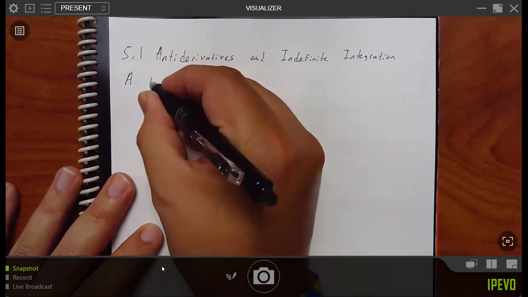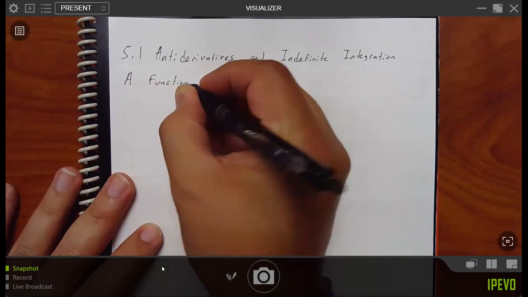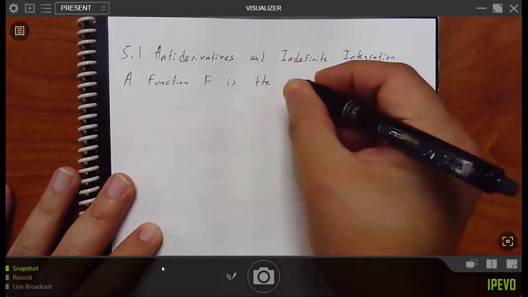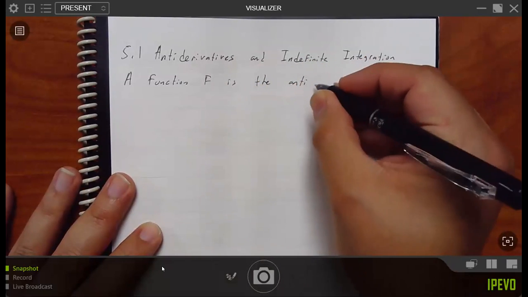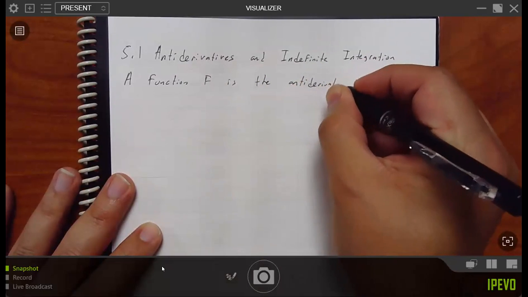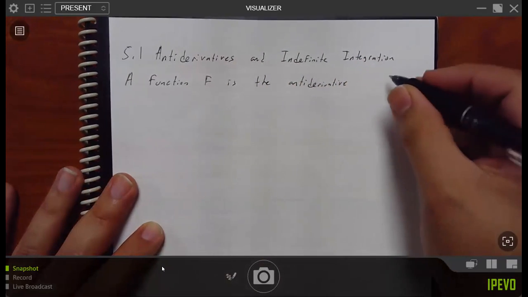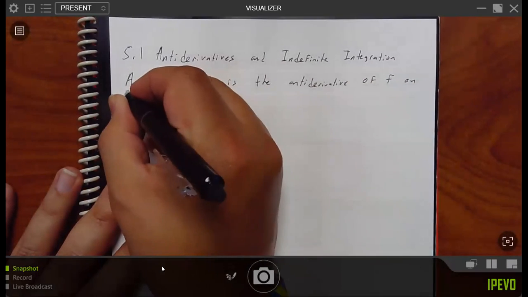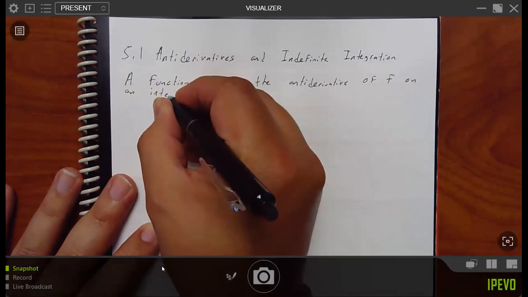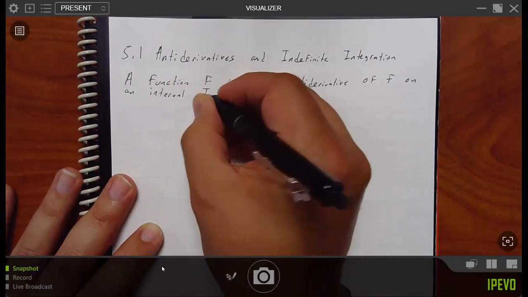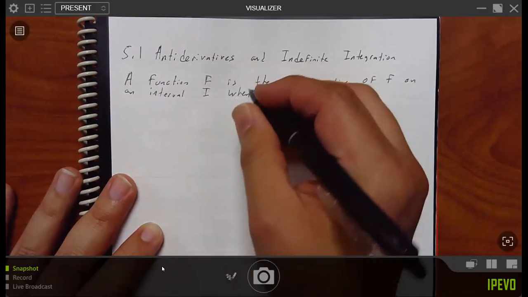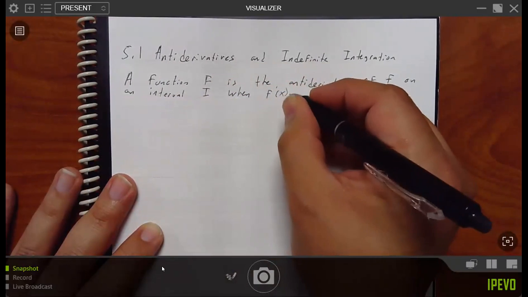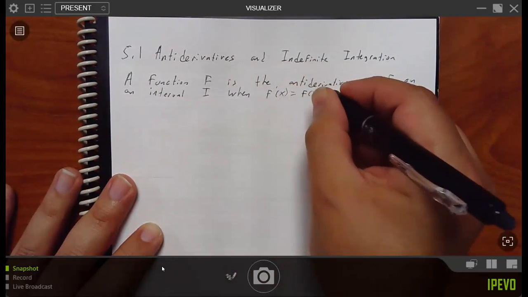So a function capital F is the antiderivative of f on an interval I when F prime of x equals f of x.